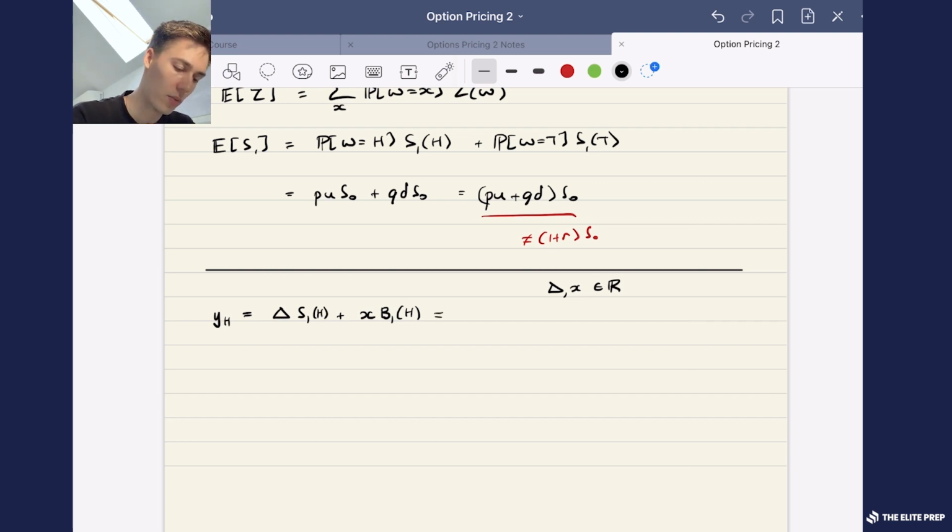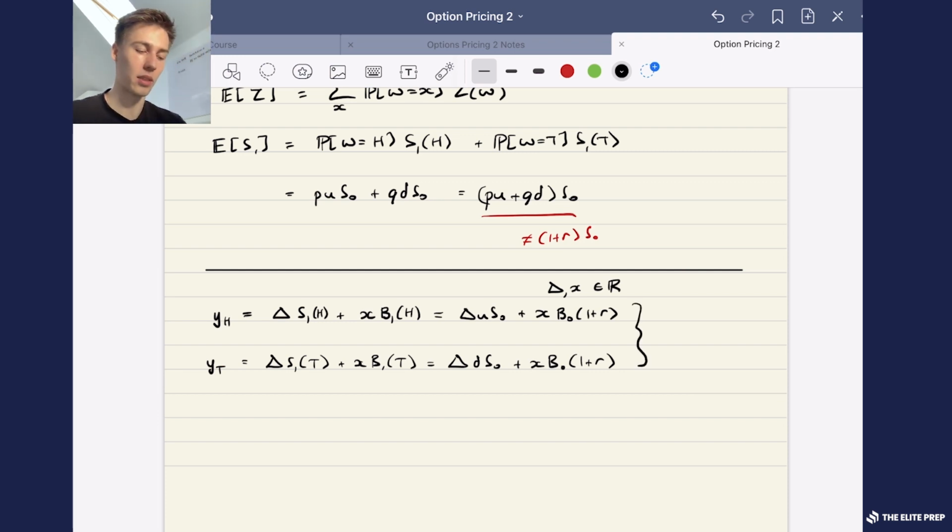So this is just equal to delta US0 plus x B0 (1 plus r). YT is similarly equal to delta S1t plus x B1t, which is delta DS0 plus x B0 (1 plus r). And now we just want to solve these simultaneous equations.